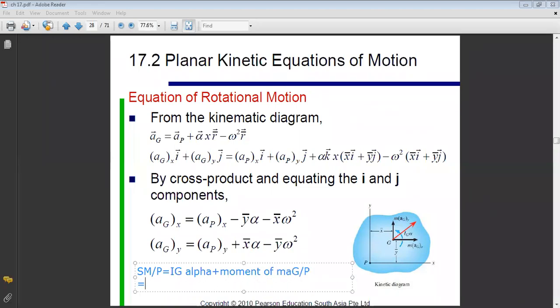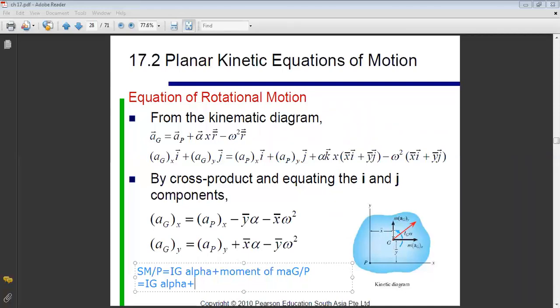So it's equal to IG alpha plus, look at your figure. If I choose counterclockwise as positive, I have that MAGY has a positive moment, but MAGX has a negative moment.